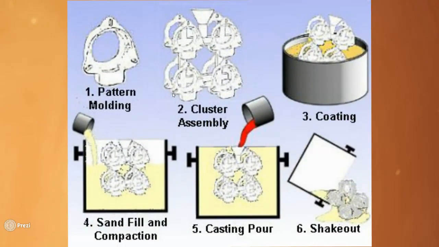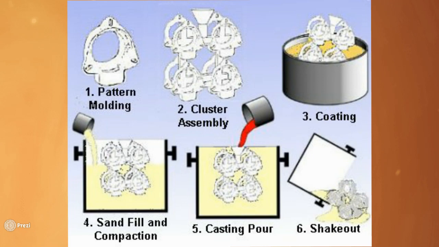Here's another diagram of the basic process of evaporative sand casting or lost foam sand casting. You start with a pattern, oftentimes in very high throughput processing. You have what's called a cluster assembly, or it'll be called a tree assembly, in which you have several patterns essentially all put together in one group.